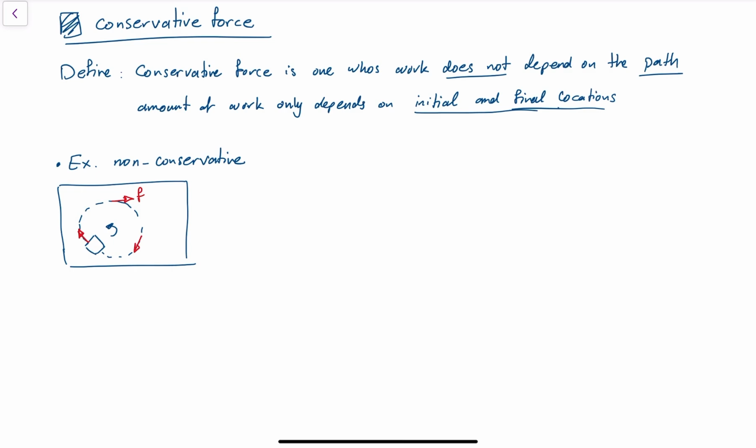And because the force is acting over a distance, it does some work, and it happens to be negative. If I take a longer path, the amount of the force, let's assume, remains constant, but I traverse a longer distance, so I do more work while I go back to the same location. So the amount of work depends on the path, the length of the path, and because of that, friction is a non-conservative force.